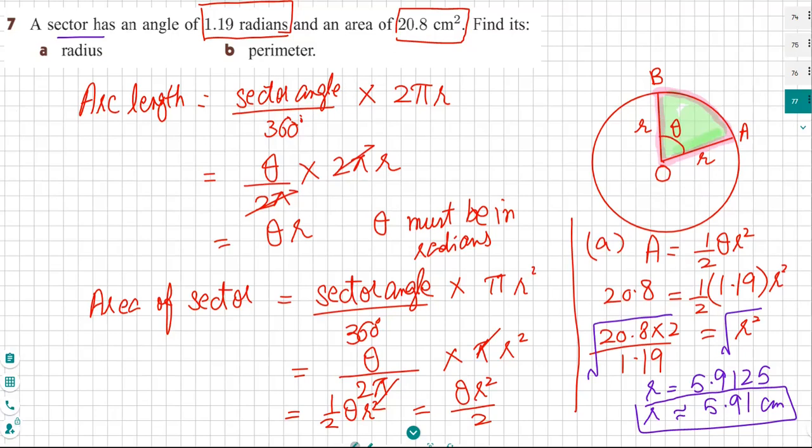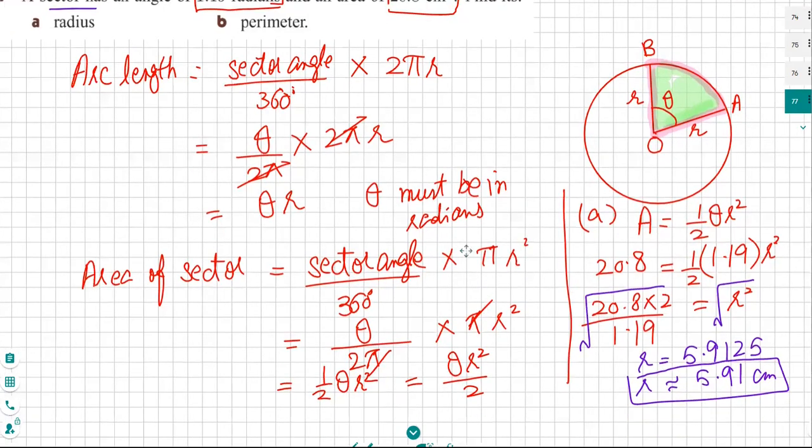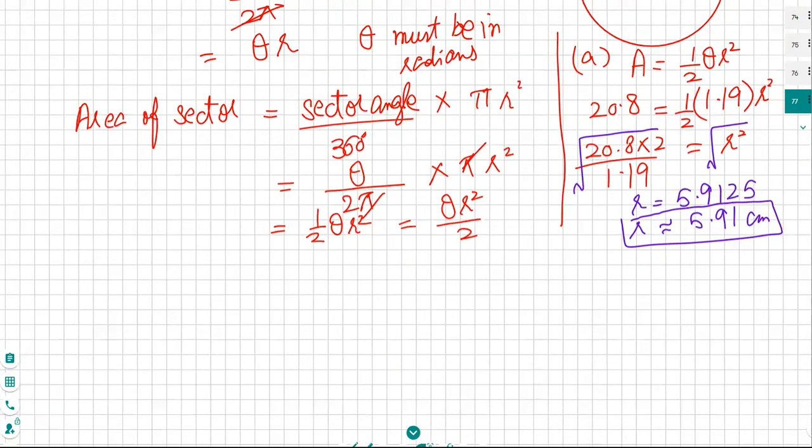So what should be the formula for the perimeter? Arc length AB plus 2R, R plus R. So I'm doing part B here: perimeter of sector.